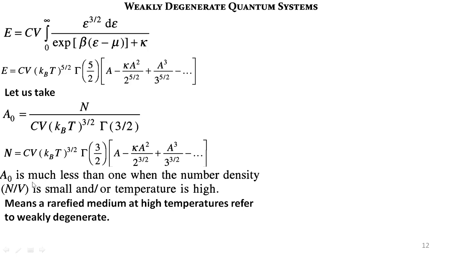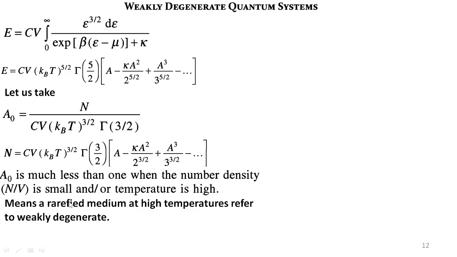So whenever temperature is very high, or particles are very sparsely placed and far away from each other, or in terms of interaction their kinetic energy is very high and potential energy is negligible, all those circumstances refer to poor quantum effects, or you can say the system can be described classically. So this factor A naught can be related to our system in terms of its degeneracy, and further, of course, to whether we need to incorporate quantum statistics for our system or not.